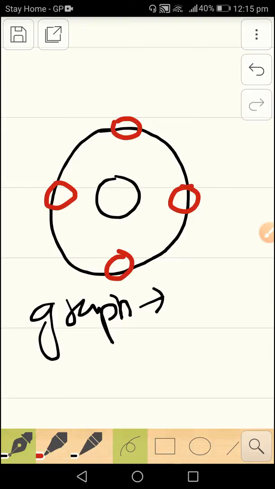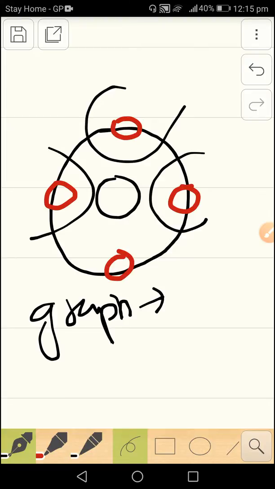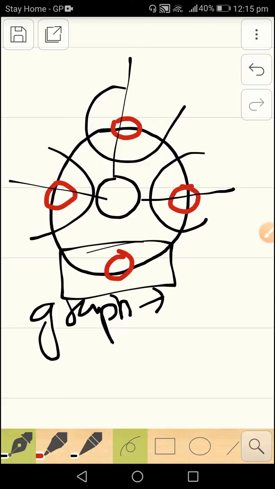In graphite we have 3 of the single electrons forming covalent bonds with other atoms, and 1 electron doesn't form a covalent bond with any atom. So what does this electron do? This electron gets out of the atom and becomes a free electron. This is what happens in graphite.